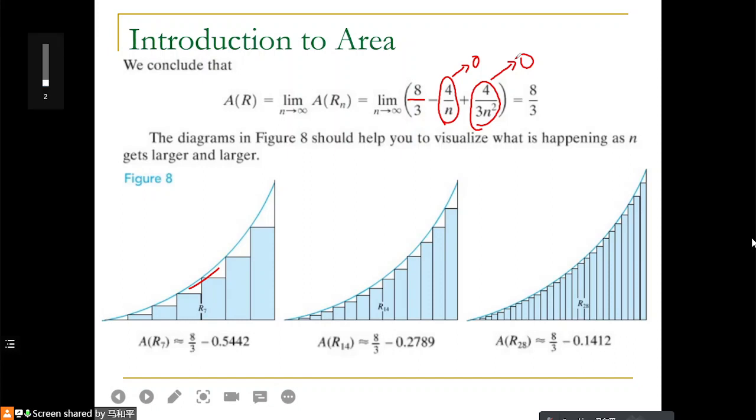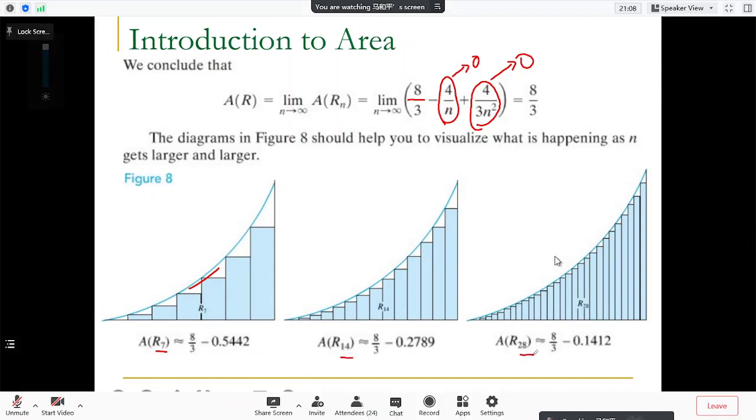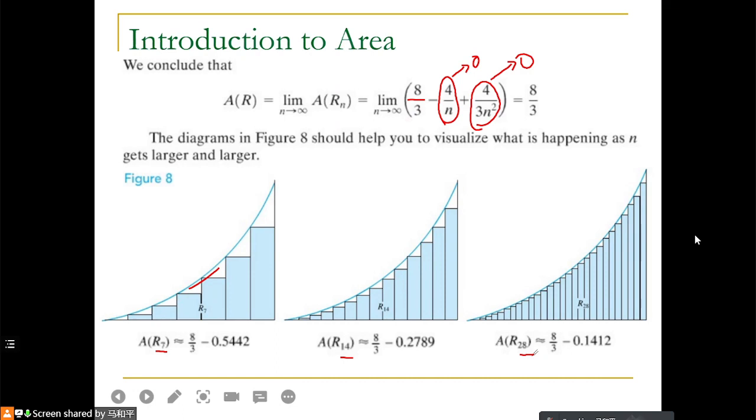And the diagrams in figure 8 should help you to realize what is happening as n gets larger and larger. Here we have 7 rectangles, 14, 28. We can see ARN is approaching AR, right?